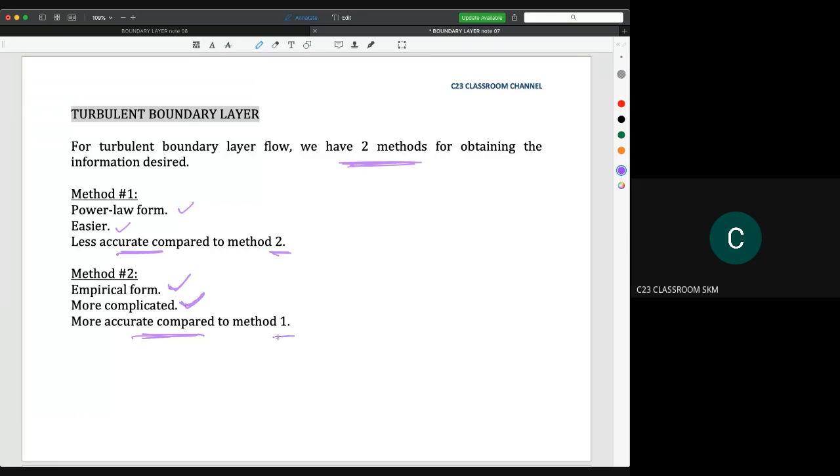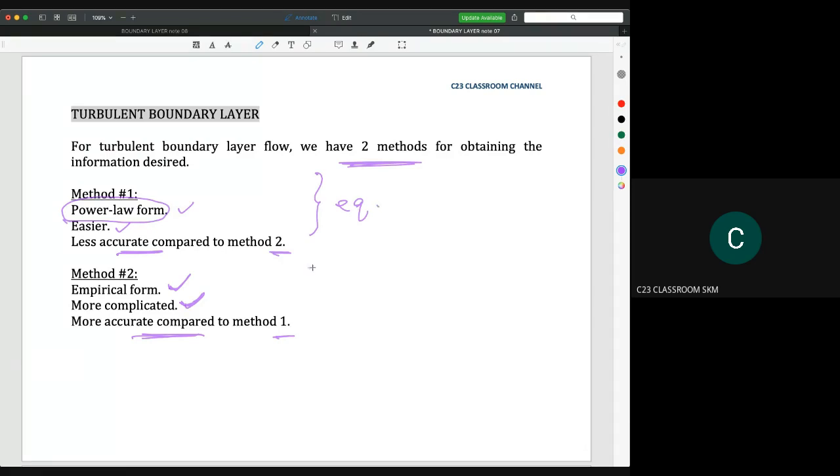For the power law form, we try to solve the turbulent boundary layer by using an equation. We give you the equation for the velocity profile, and then you do the integral, and finally you will get the answer.